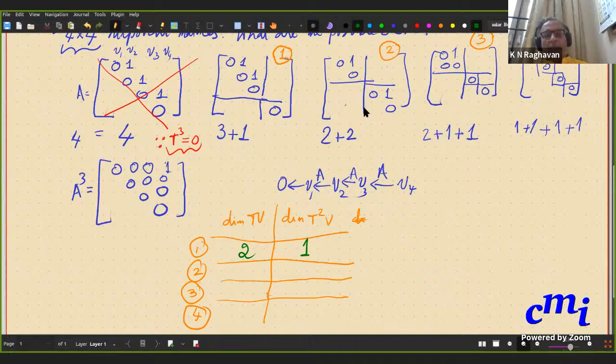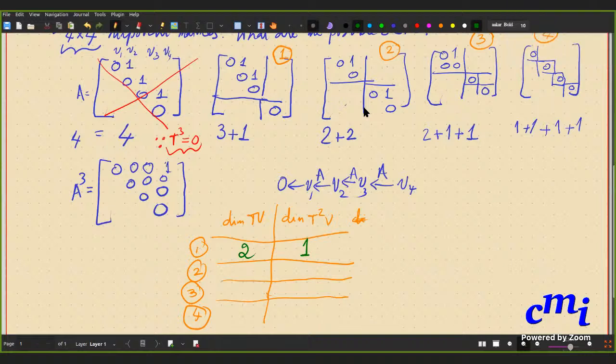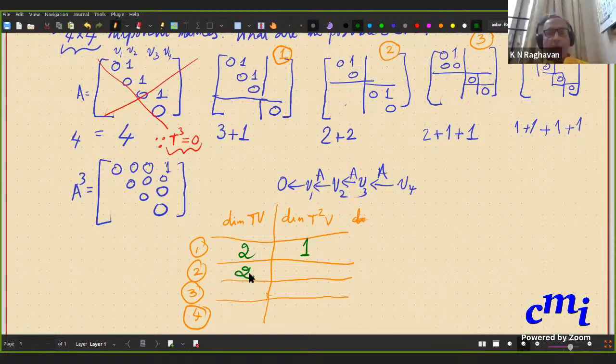What's the dimension of TV? 2. What's the dimension of T squared here?